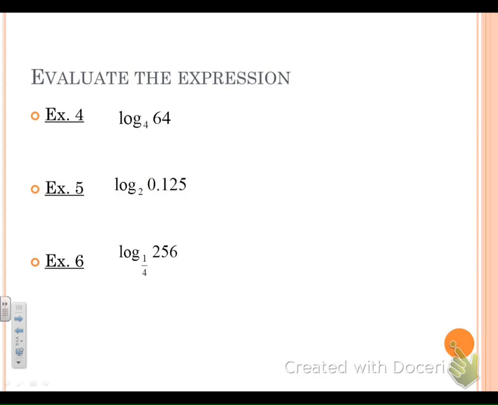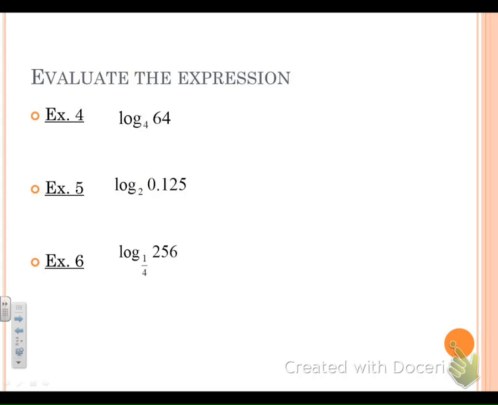So here we go. First example, log base 4 of 64. What we're going to want to do is get these arguments maybe in terms of the base. That'll be our ending goal.